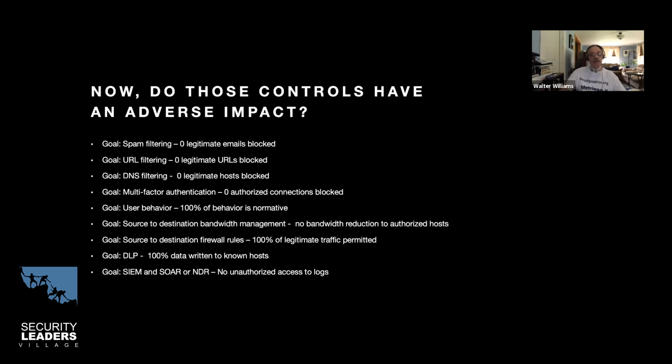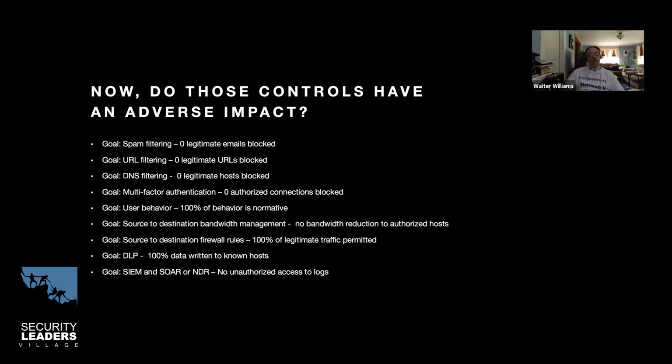With your spam filtering, you want to block 0 legitimate emails. With your URL filtering, you want to block nothing that's legitimate. With your DNS filtering, you want all the legitimate hosts to be accessed. With your multi-factor authentication, you always want the authorized people to get access.